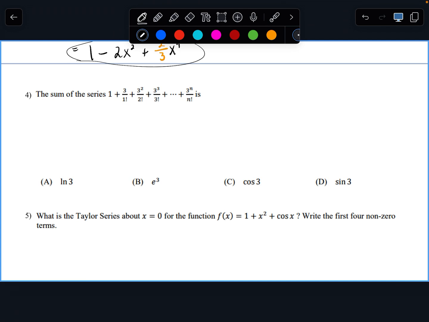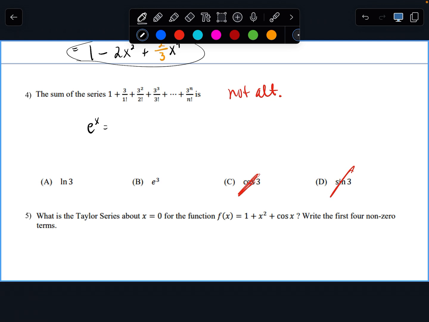So for this one, notice that it's not alternating. So if it's not alternating, these are out, sine and cosine, because those are alternating series. The natural log one was a little wild, so I'm dealing with that one later.